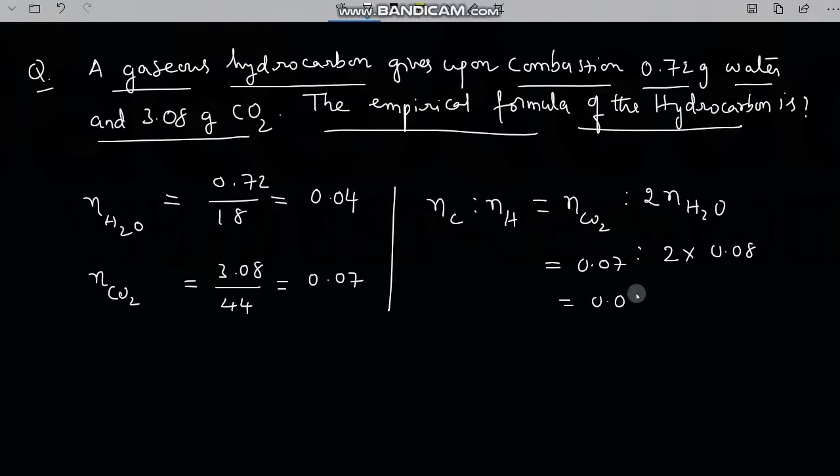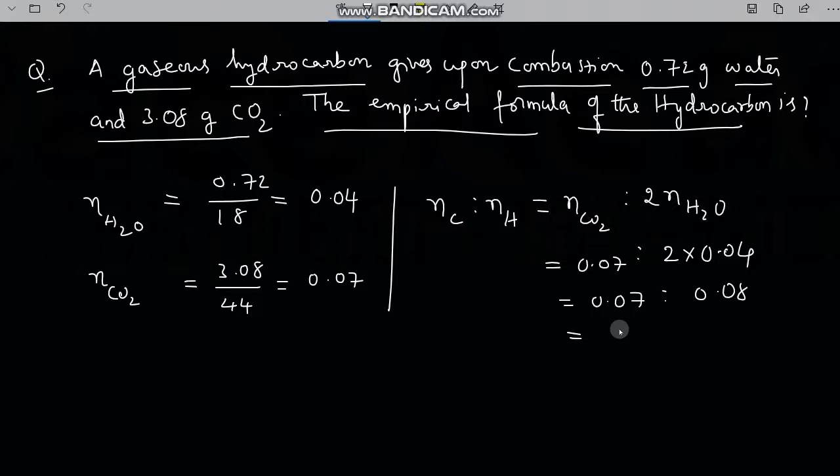So 0.07 is to 0.16. Okay, so this is the value. So now you can easily calculate the things. 0.04 became 0.08.